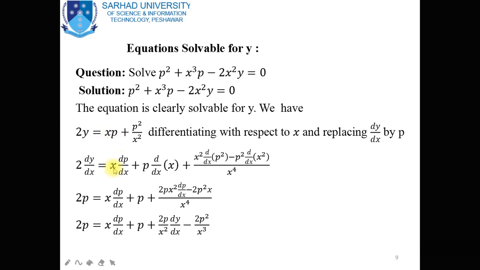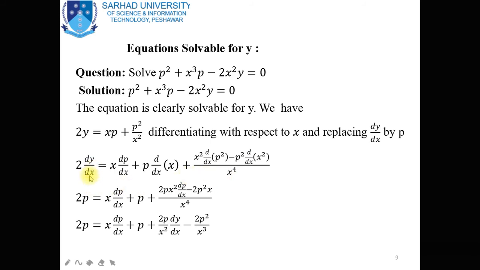So first function into derivative of the second function, p derivative with respect to x, plus second function into derivative of first function, and here we can use the quotient rule. So x square is the first function, x square into derivative of the second function p square, minus p square into derivative of the first function, divided by square of the denominator.